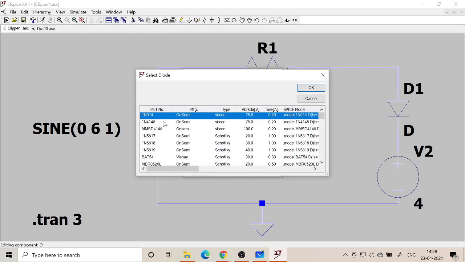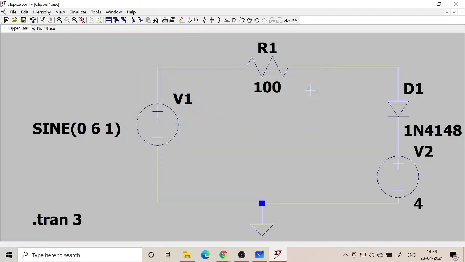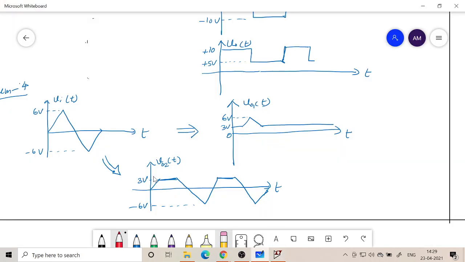Again, let me use 4148 because we kind of know it has a cut-in voltage of 0.65. If I want the clipping to happen at about 3 volt, I should give an appropriate battery voltage, so that after adding the cut-in voltage to the battery voltage I will get 3 volt.